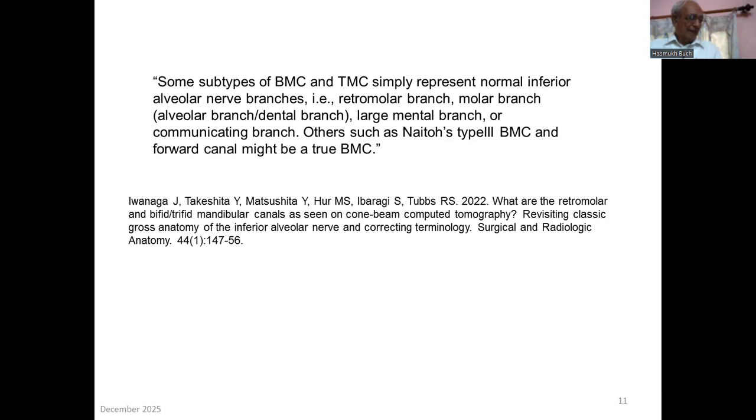Others such as Naitoh's type 3 BMC and forward canal might be a true bifid mandibular canal, those which are not going to teeth and which are lost in the bone. They may be true bifid mandibular canal. And the reference is among the latest, 2022, Iwanaga et al.